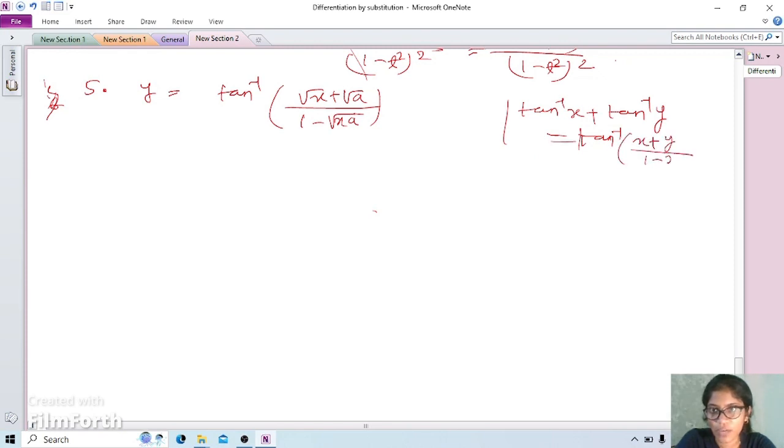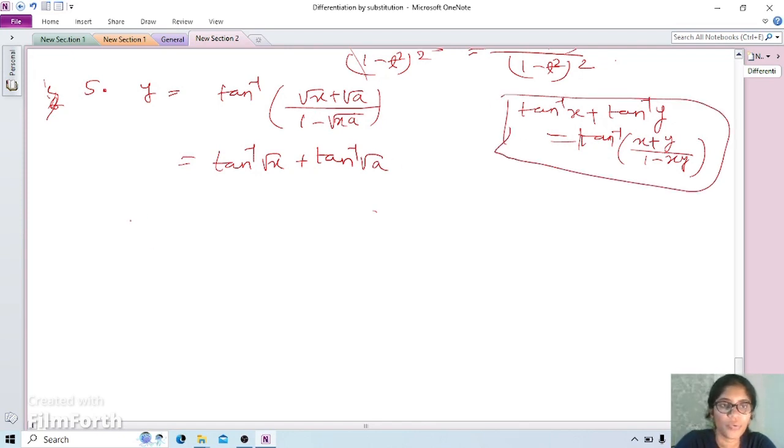So y equals 2 tan inverse x. Now dy by dx is equal to d by dx of 2 tan inverse x, which equals 2 into the derivative of tan inverse x, taking 2 as a constant outside. The derivative of tan inverse x is 1 by 1 plus x square, so it equals 2 by 1 plus x square.